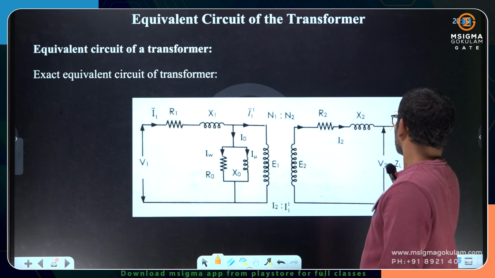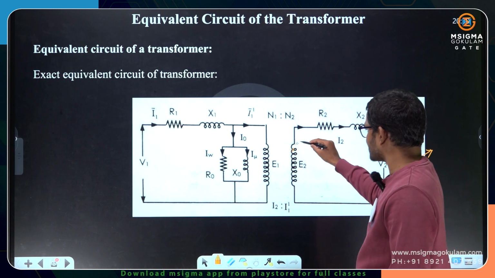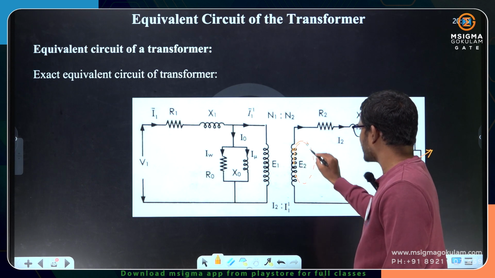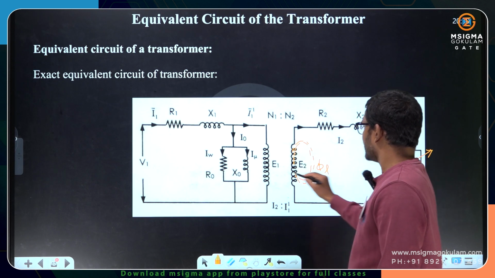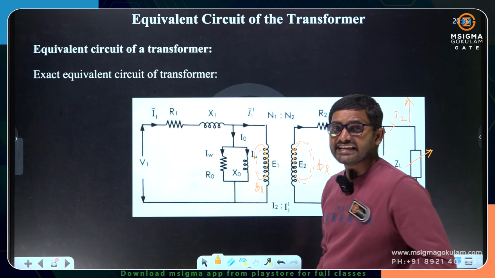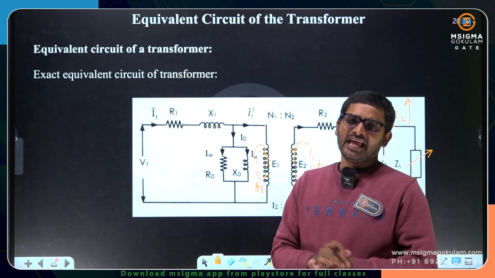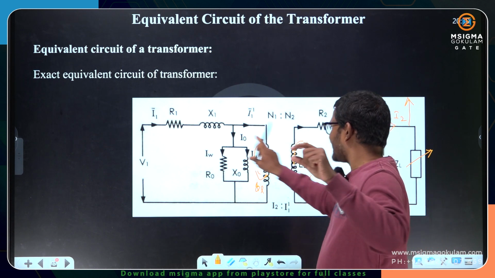As the load increases, current increases. If the current increases, some amount of leakage flux also increases here, and here also. So these leakage flux lines are proportional to load currents. Under no load, the I0 is very small.